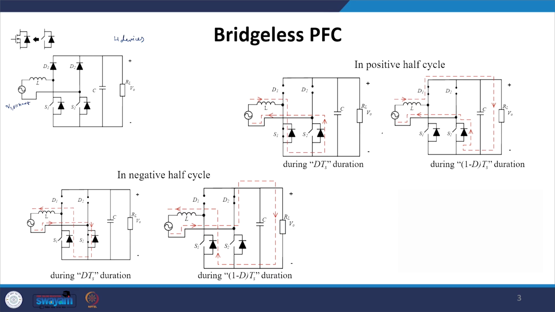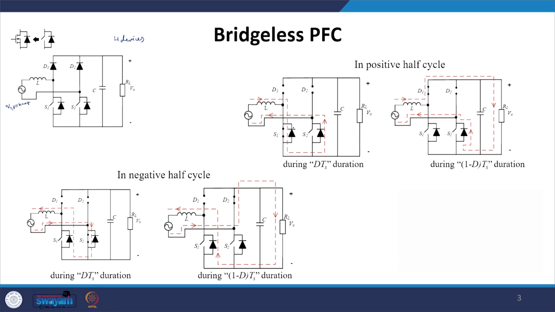In the positive half cycle, we only switch the switch S1; we only give the gating signal to switch S1. When we turn on S1, the current will start flowing from here, and if it is a MOSFET, it will go through its channel between drain and source, and then on the other side it will find a pathway through the body diode of switch S2.